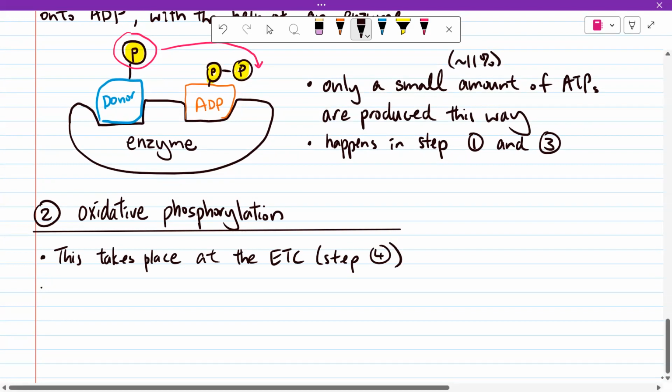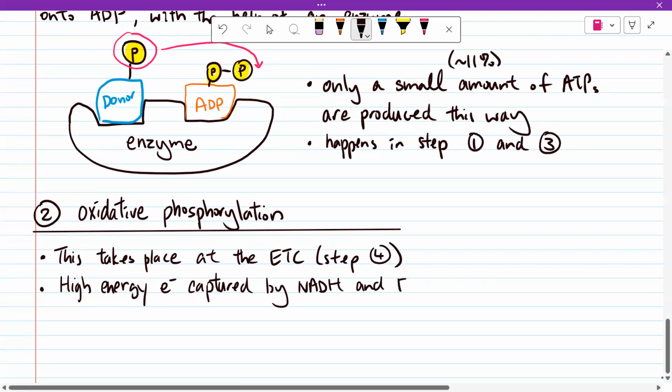Okay. And the high energy electrons captured by NADH and FADH2 are used to create ATP.